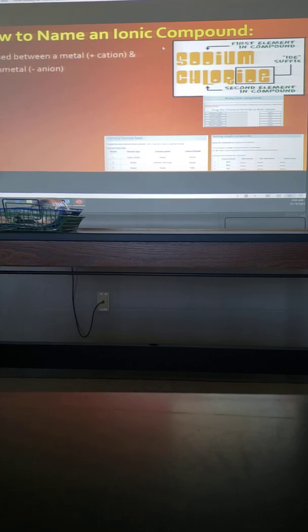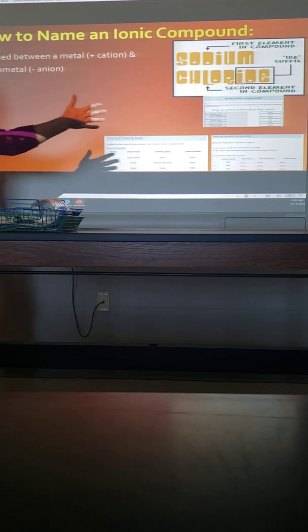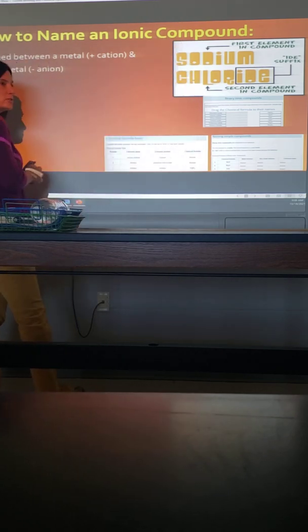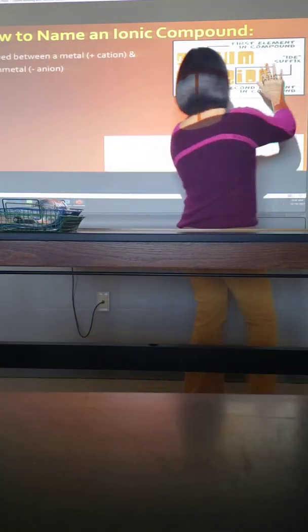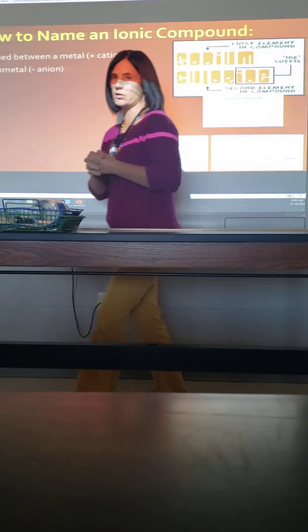The first step: we know that these compounds form between a positive cation, our metal, and a negative anion, the nonmetal. When we're listing these, we always start with the metal first. It's like how you would read across the periodic table. The metals are listed first, and then following them, you have your nonmetals. So just write in the order you would come across them on the periodic table.